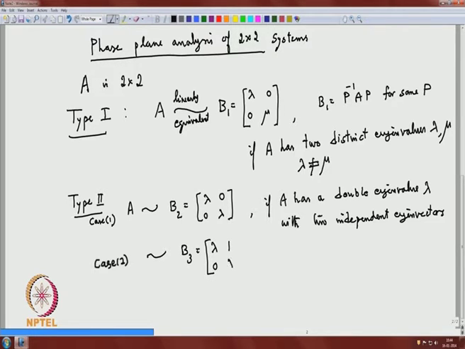B3 is lambda 1 0 lambda, again with a double eigenvalue lambda of algebraic multiplicity 2, but only one independent eigenvector.